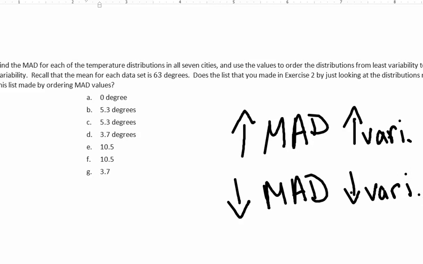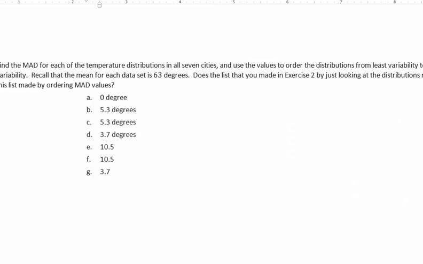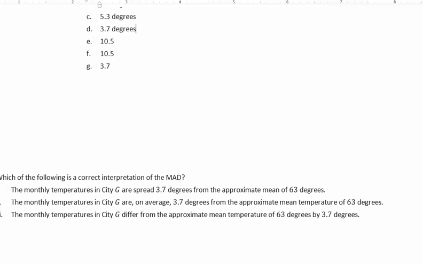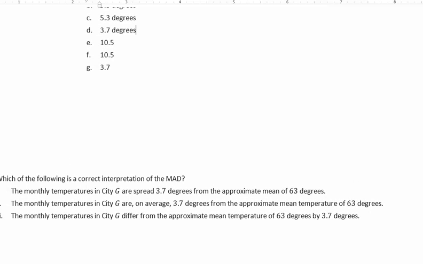All right, let's keep going. So now we're on to E. Which of the following is a correct interpretation of the MAD? The monthly temperatures in City G are spread 3.7 degrees from the approximate mean of 63 degrees.